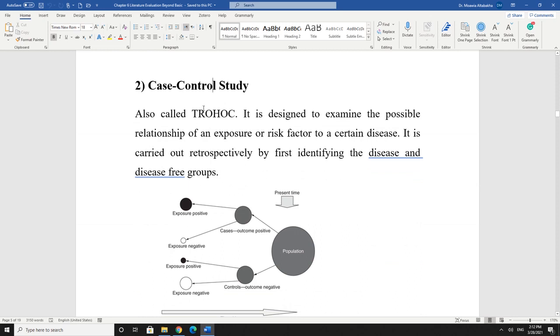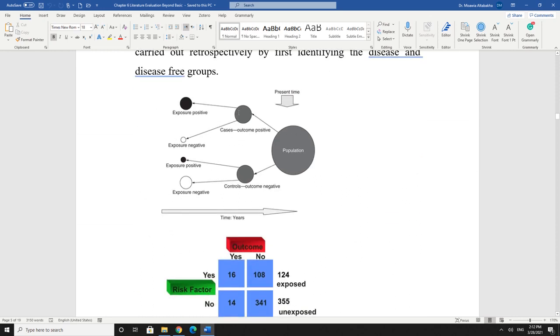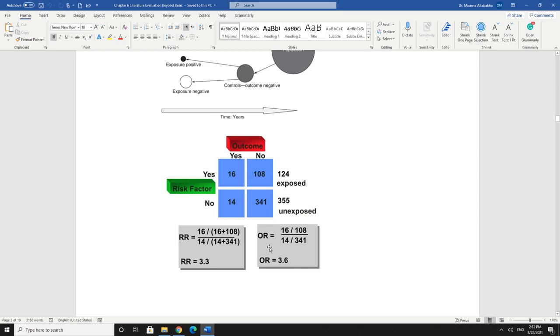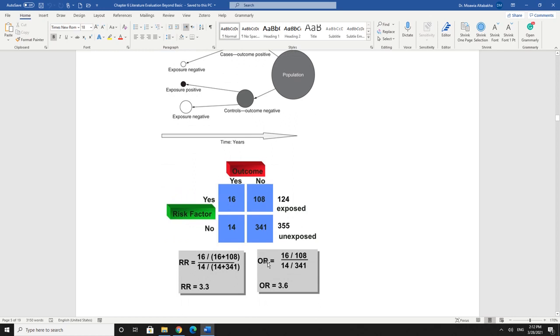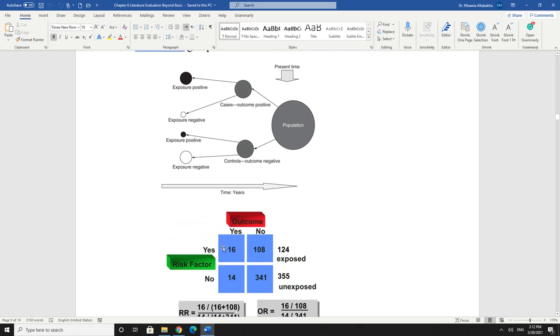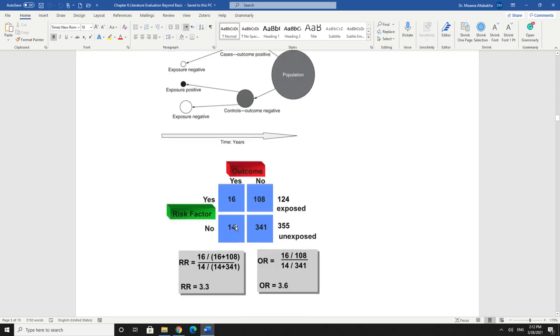But for a case control study, we call it odds ratio. And I will tell you why it is called odds ratio. It is also calculated similarly but not the same. There is a difference in the formula. Instead of dividing 16 by the total, no, we divide 16 by 108, divided by 14 divided by 341, not the total.